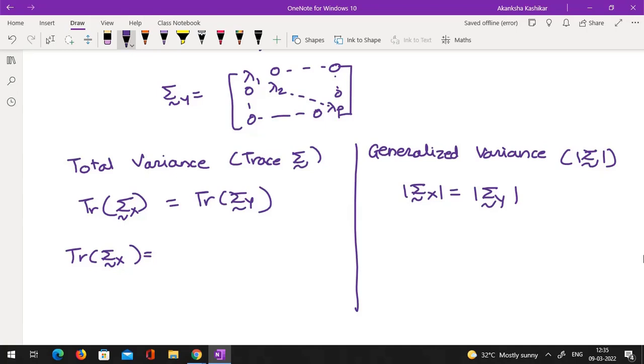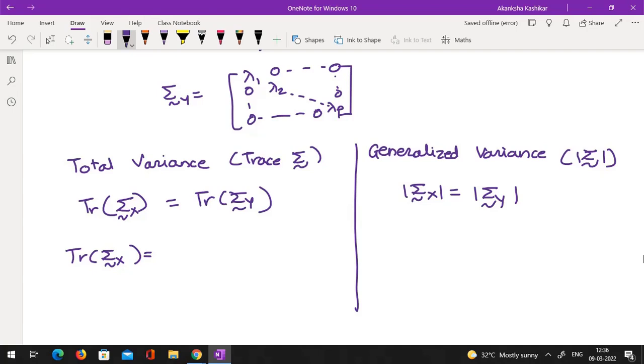Okay, what about an easier definition? Sum of eigenvalues is correct, no doubt. Sum of the diagonal entries, correct. So we are going to use both these definitions.